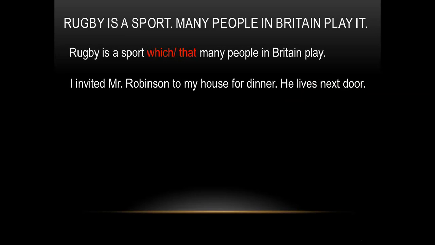How can I join these sentences to make it one sentence? We said before we put the relative pronoun, the relative clause after the person or the thing which we are talking about. Here we are talking about Mr. Robinson. Okay, وقلنا this is the additional information part.